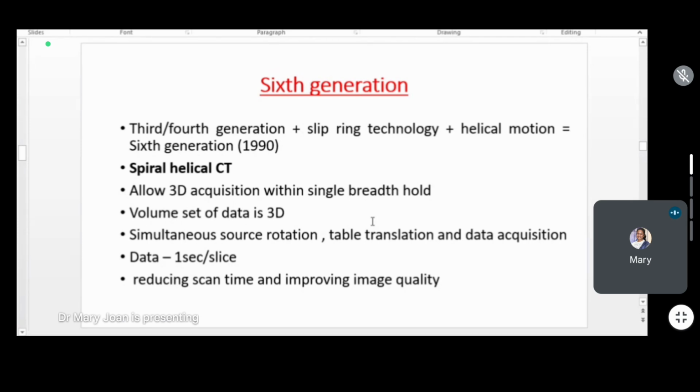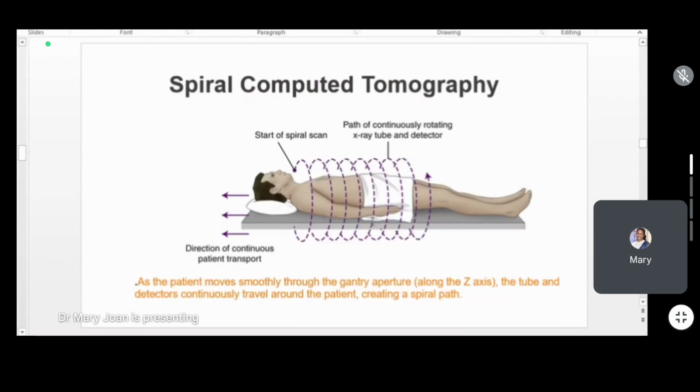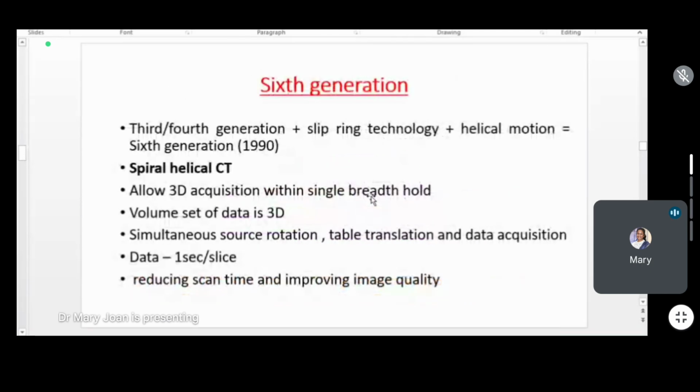In third we had a circular detector, and we had arc and fan beam, and in the fourth we had arc and circular detector, along with the slip ring technology plus helical motion. Slip ring technology allows the continuous rotation along the circle, and helical motion allows this motion. So all these together we can call the sixth generation.